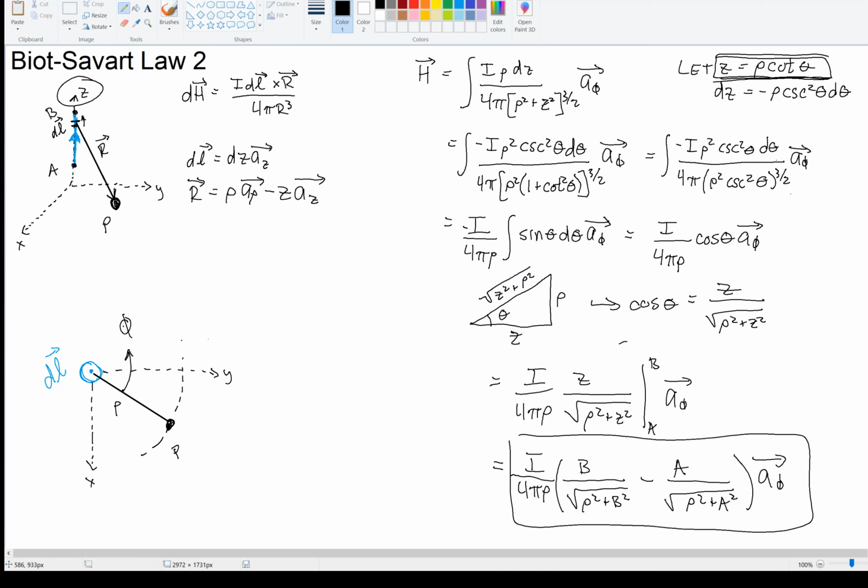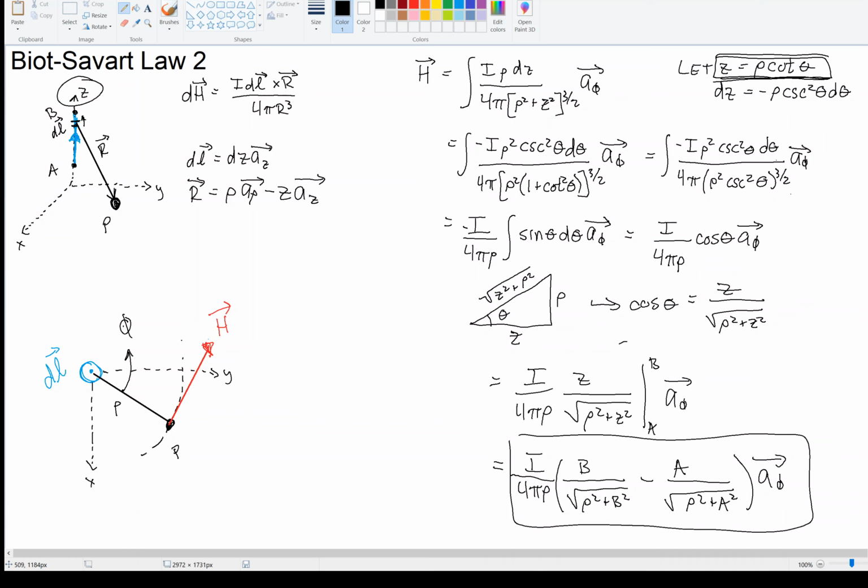And so our magnetic field was in the phi direction, so that is precisely tangent to the curve like this. So that is the direction of H. Alright, right in the phi direction.